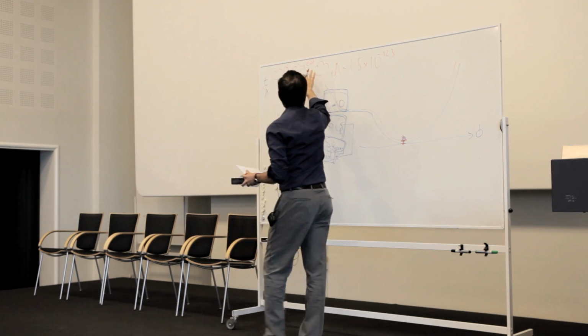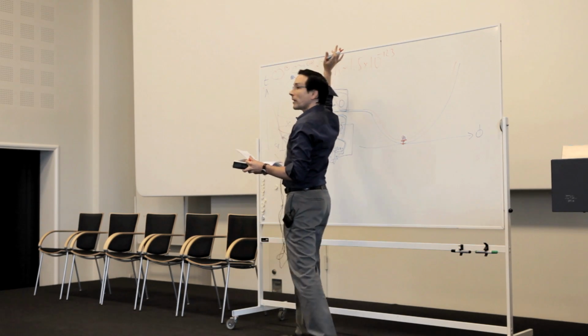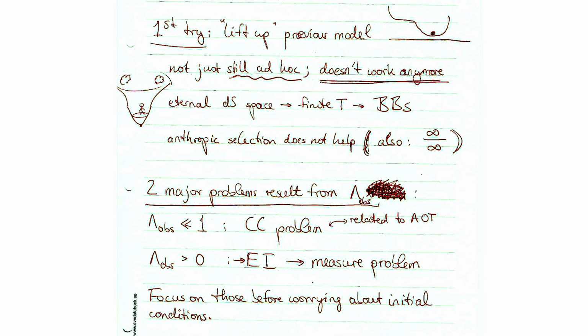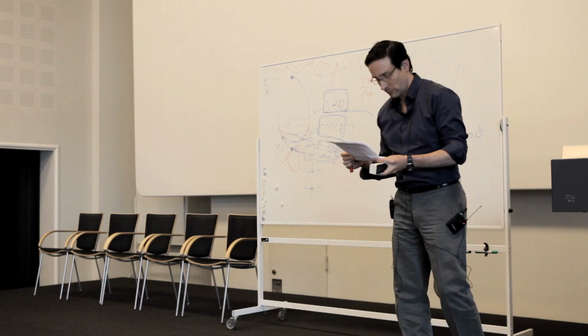And because both types of things happen infinitely many times over and over, you have a problem of trying to compute probabilities, Boltzmann brain over ordinary observer, which look like this. So really the reason that this doesn't work anymore is that the probabilities aren't even well defined anymore. But in any case, you see that already something pretty dramatic has happened as a result of just shifting up the cosmological constant to a positive value.